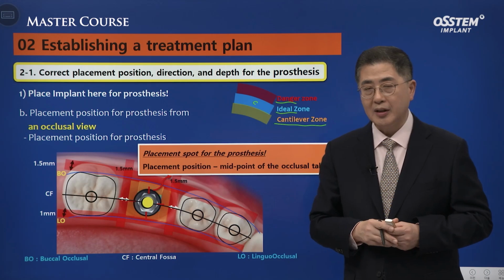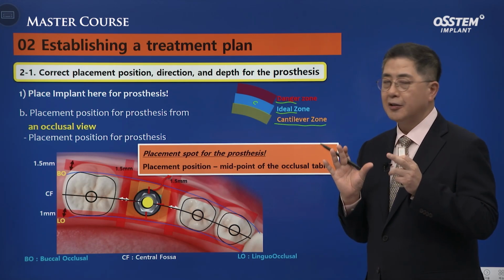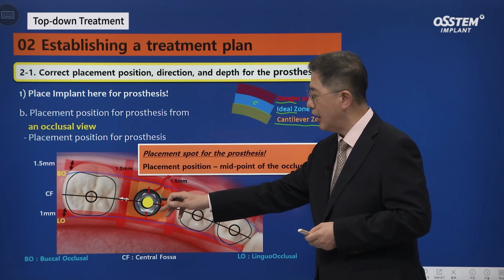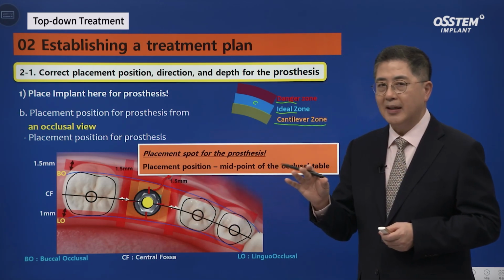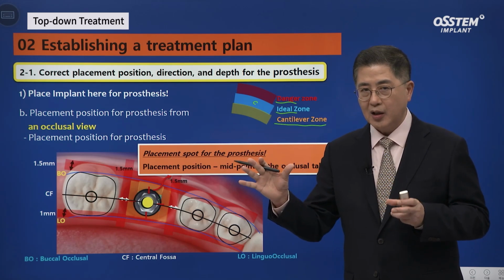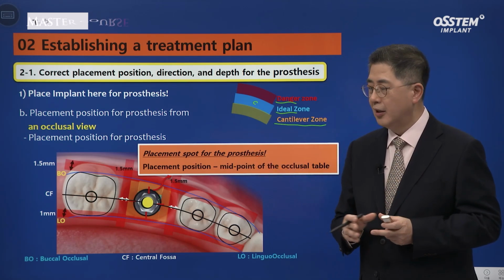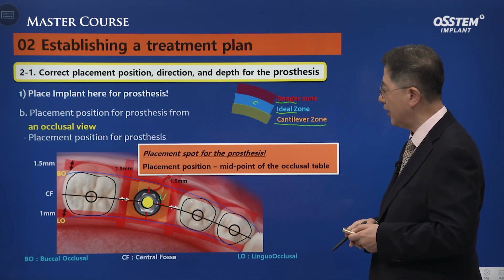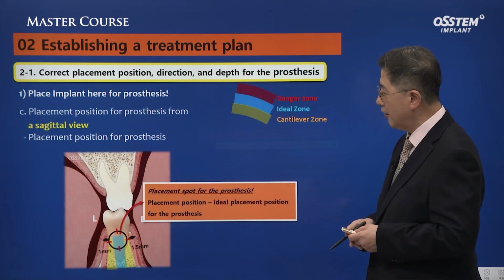But that is when everything is ideal. Placing the implant in the middle can be done when extraction has been done not so long ago, but if extraction has occurred long time ago and if there is bone resorption, then although we may know the ideal position, we may not be able to place the implant there.